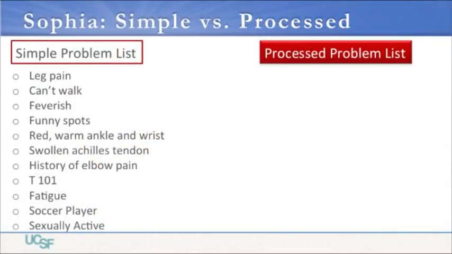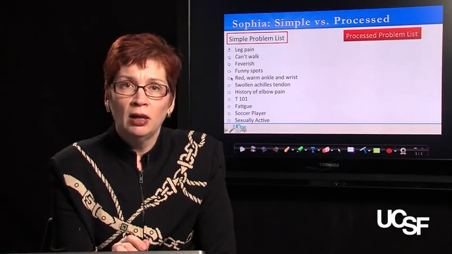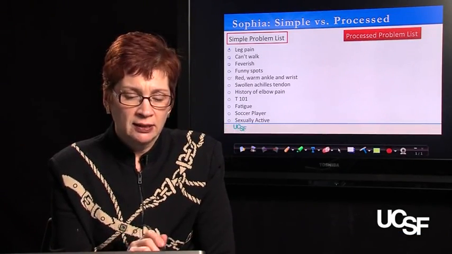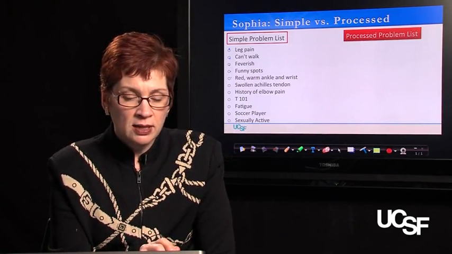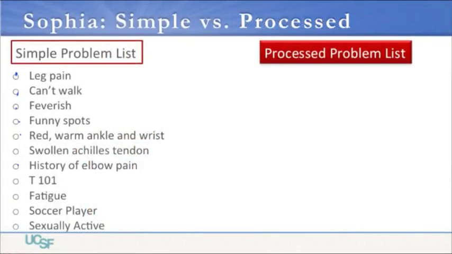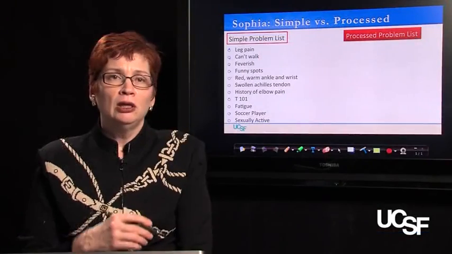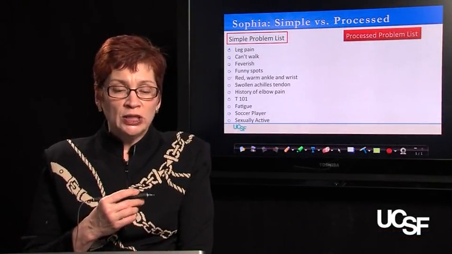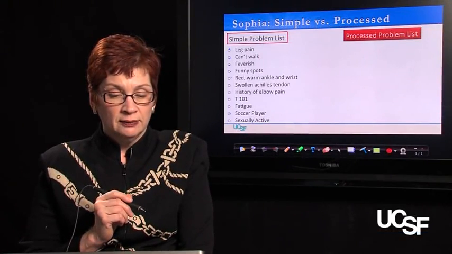So for instance, these first elements, leg pain, can't walk, feverish, funny spots, red warm ankle, those are all elements of the history that she gave us. And then we see swollen Achilles tendon, history of elbow pain, temperature, fatigue, sarcopenia, sexually active. A long list of things. Almost none of this is processed.